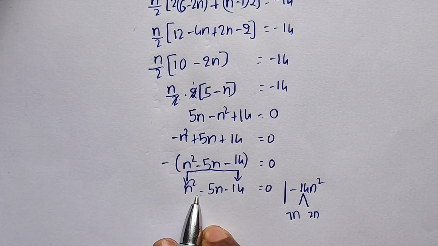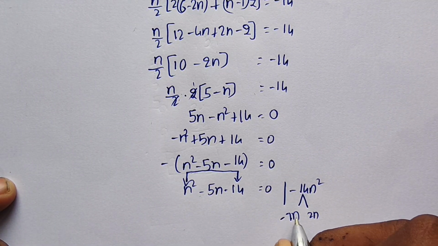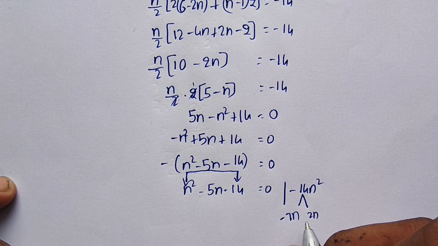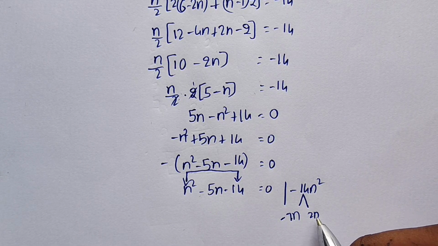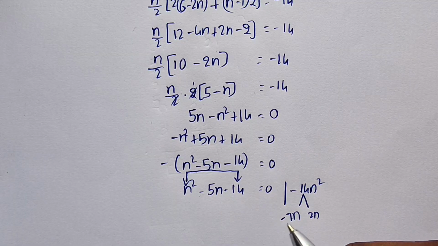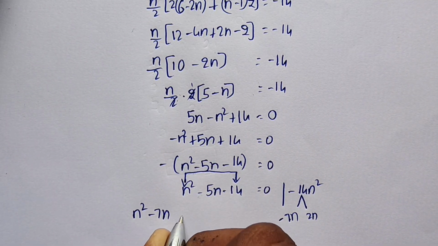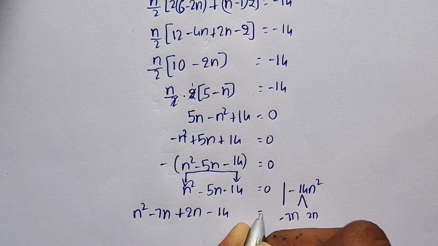Here there is minus, so I am keeping minus for the larger number. If we multiply these two numbers, we get minus 14 n square. If we add these two, we get minus 5n. So I am writing n square minus 7n plus 2n minus 14 equals 0.